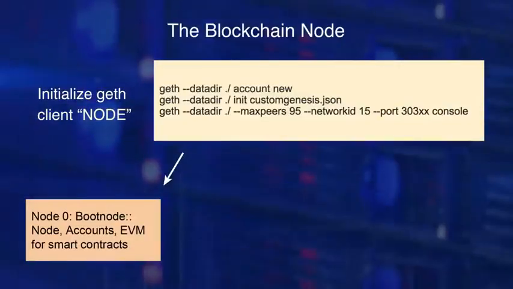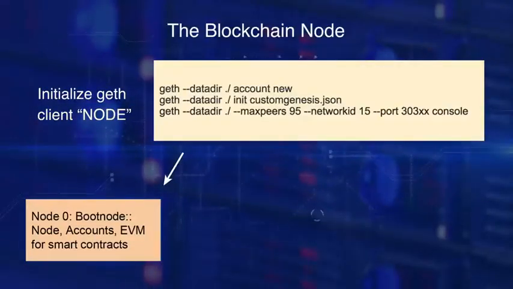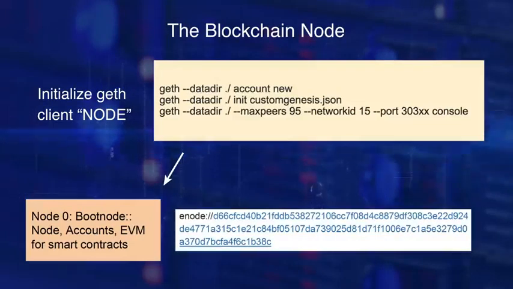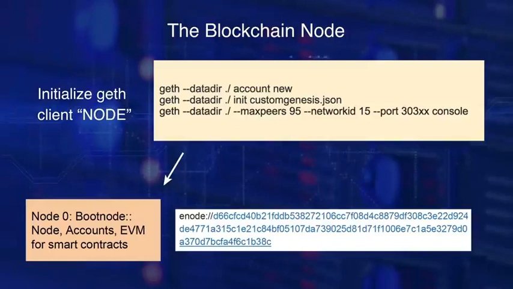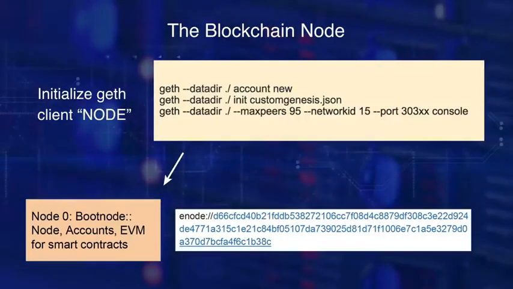Finally, we specify the network ID and the port ID to bind to for the node to interact with the blockchain. At the bottom, you will see the Ethereum enode address for this Genesis node, or the boot node, created. The enode address is used by other nodes to connect to this boot node and establish a peer-to-peer network on which the blockchain operates.